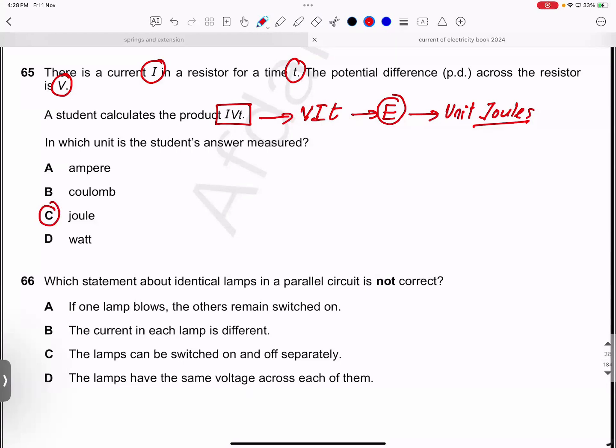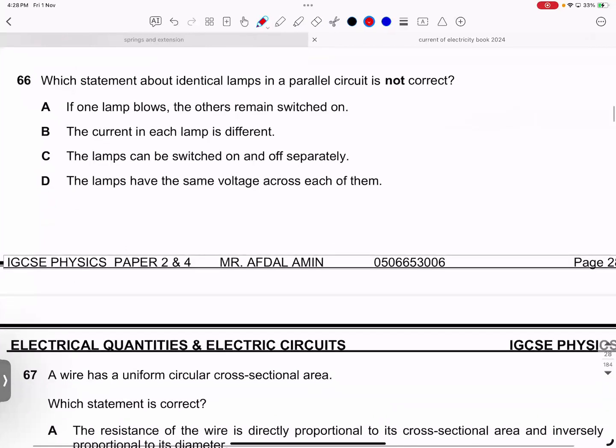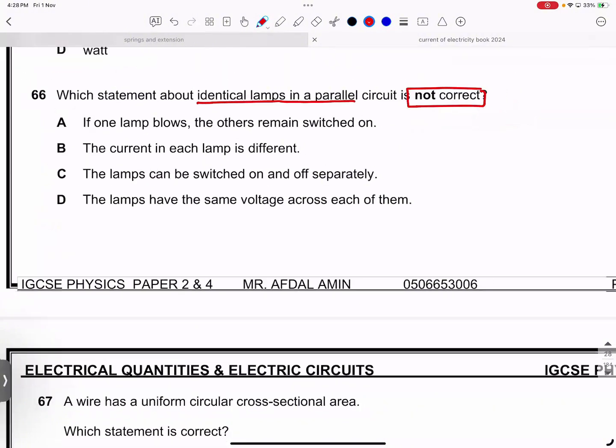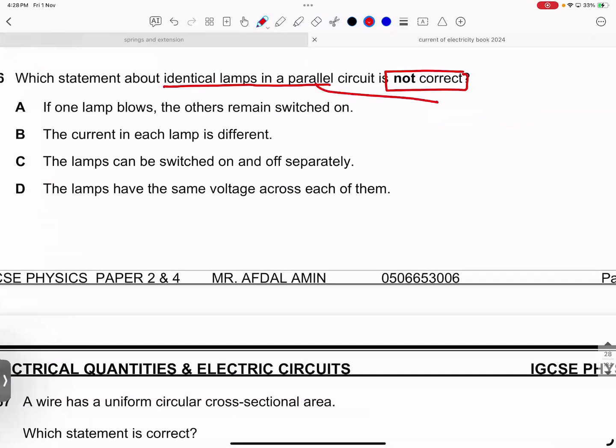Question number 66. Which statement about identical lamps in parallel is not correct? First of all, you know parallel has some advantages. What are those advantages of parallel? Advantage number 1, independent switching.